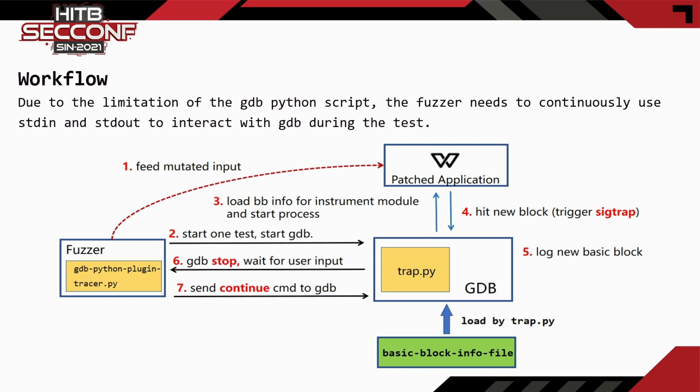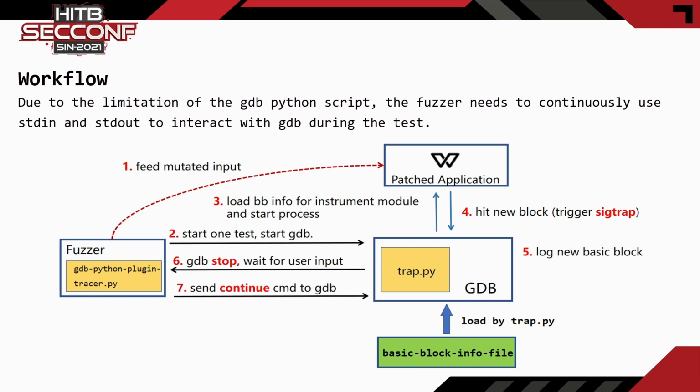First, the Fuzzer generates a test case through the seed mutation module. Then it feeds the test case to the target program. Then the Fuzzer starts GDB with trap.py. After trap.py is loaded, it will load the basic block info file and then start the process. When the process triggers a breakpoint, GDB will handle the SIGTRAP signal.